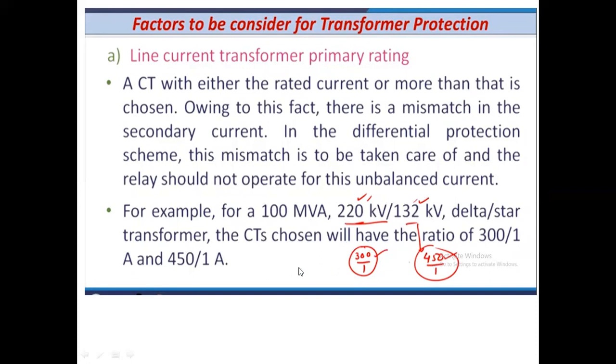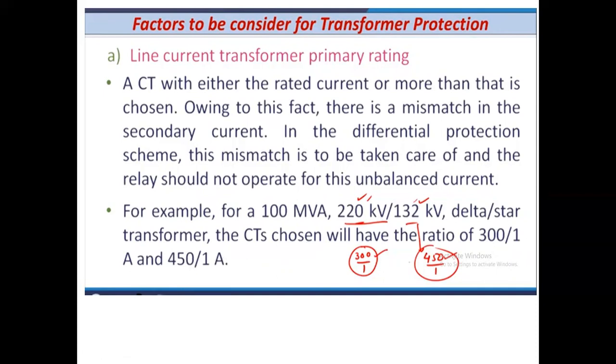So the CTs chosen will have ratios of 300 by 1 ampere and 450 by 1 ampere for these two sides respectively. These two are entirely different.